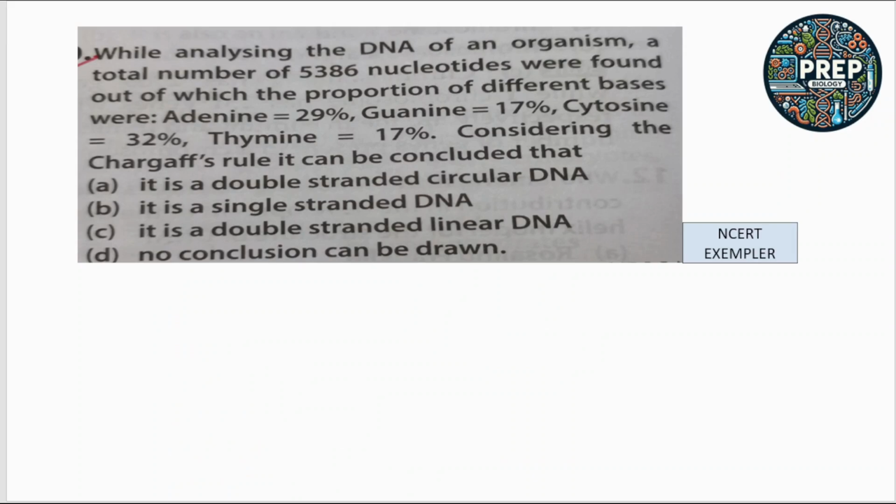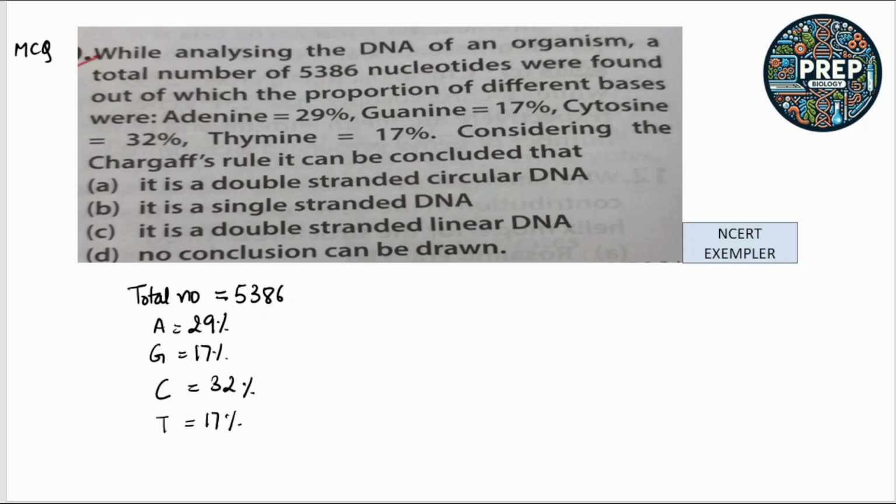Second question, read it carefully. This is an MCQ type question. While analyzing the DNA of an organism, the total number of nucleotides is 5386, out of which the percentages of the bases are: adenine is 29%, guanine is 17%, cytosine is 32%, and thymine is 17%.